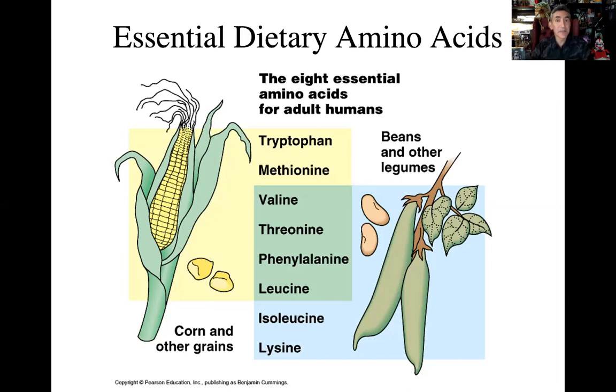It's not a glamorous meal, but the beans would provide 6 of these essential amino acids, but they're deficient in 2. The corn product would provide 6, but it's deficient in these 2. By combining these 2 types of foods, beans provide what the corn does not, corn provides what the beans do not, and that gives you that full array of amino acids, right?